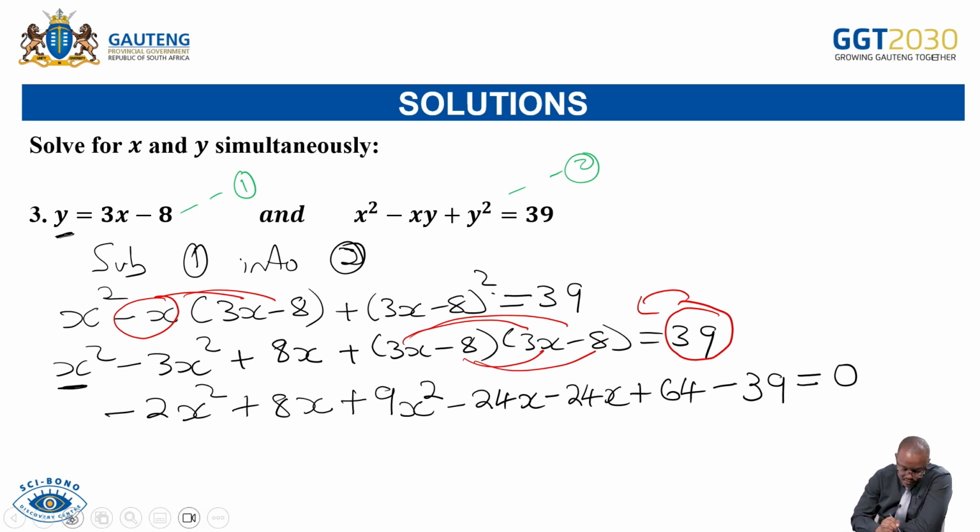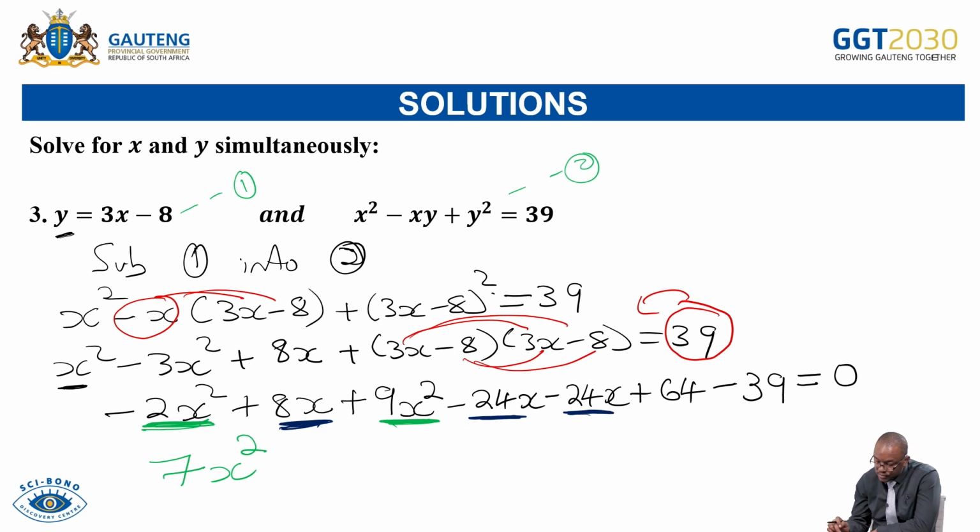So now we're looking into our like terms. X squared and x squared, they're going to give you 7x squared. It's 9 minus 2. Then we have 8x minus 24 minus 24. So you have 8 minus 24 minus 24. You are getting minus 40x.